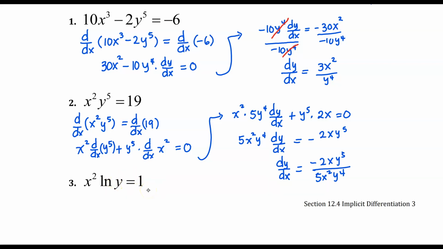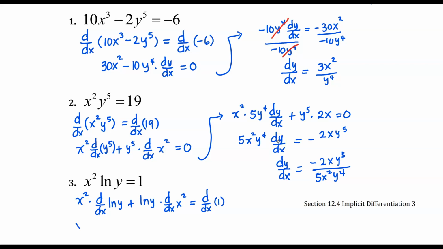We have x squared times the derivative with respect to x of ln y plus, so using product rule, copy ln y, times the derivative with respect to x of x squared equal to the derivative with respect to x of 1.